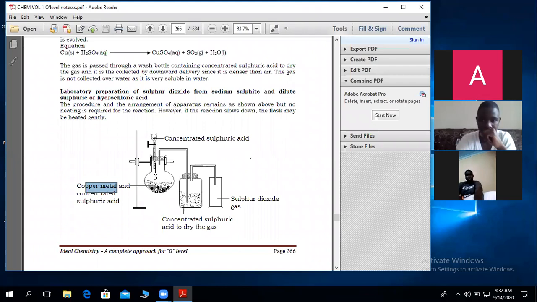The procedure remains as shown. However, if the reaction slows, the flask may be heated gently. So this one is supposed to be sodium sulfite.